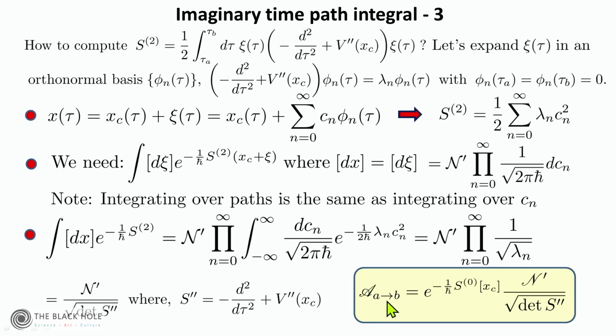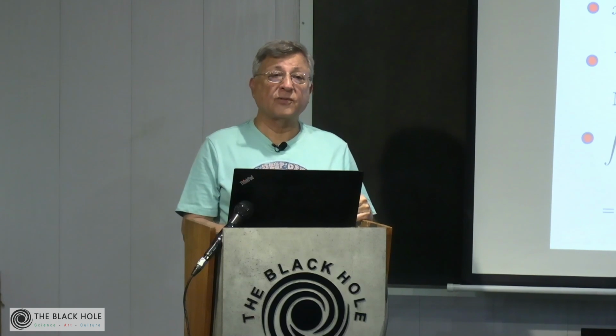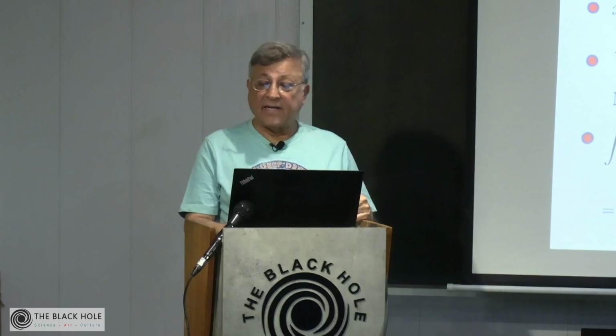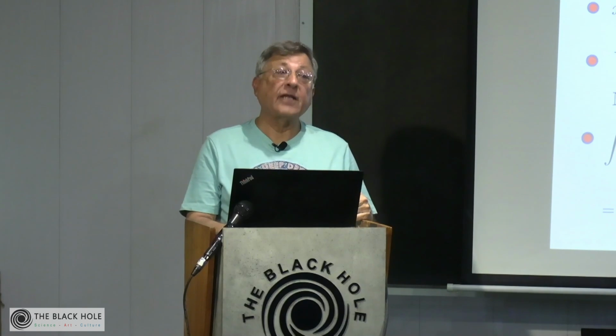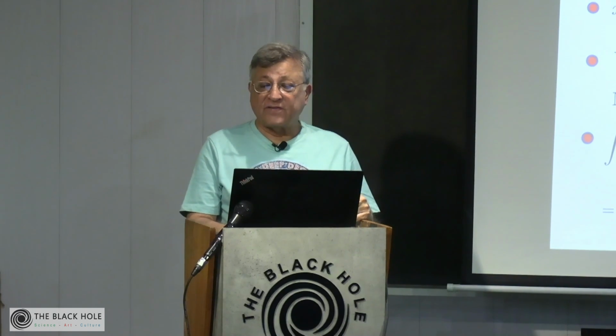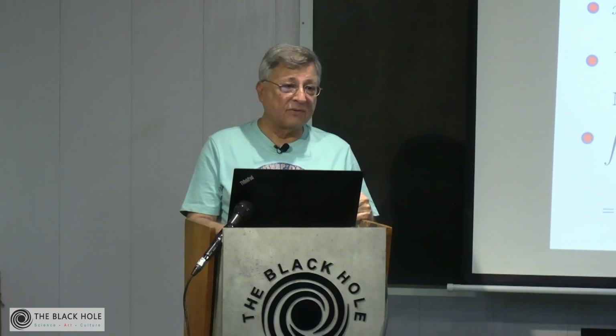All right, so this is our big result. That the amplitude to go from A to B is the classical amplitude, and then there's the fluctuation part. I wish life was simple. I wish this was the end of the story. But the problem is that it could be, doesn't have to be, but it could be, that one of these eigenvalues is 0. Then we're dividing by 0. And that means something terrible is happening.